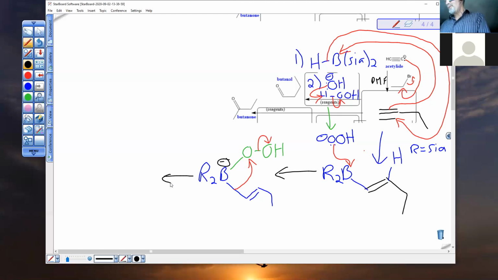It's a stability twofer. We get now R2B is attached to that green O up there, which is now attached to the carbon that's on the end.